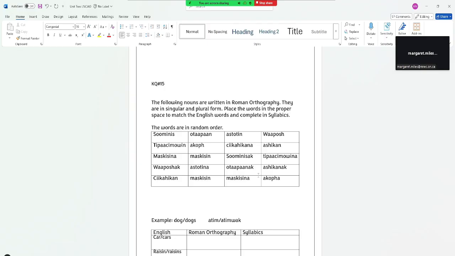Akuf. Akuf. Maskisan. Maskisan. Astutina. Astutina.